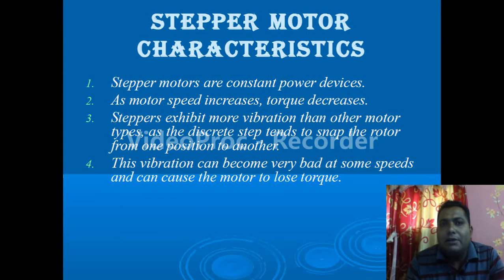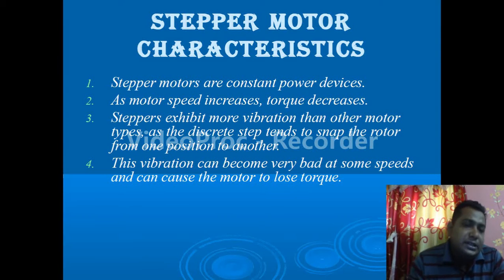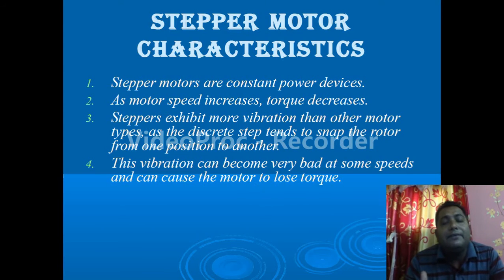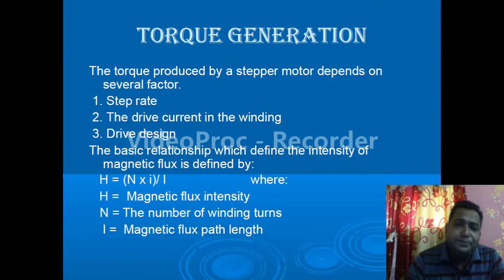Sometimes it moves one step, sometimes 5 steps. As per our need we can move that. That's why there is higher vibration than in other motors. The vibration can become very bad, and some speeds can cause the motor to lose torque. So these are the characteristics of the stepper motor.